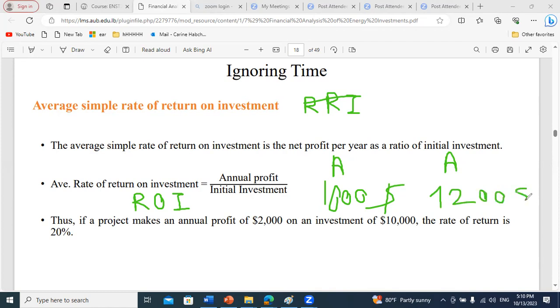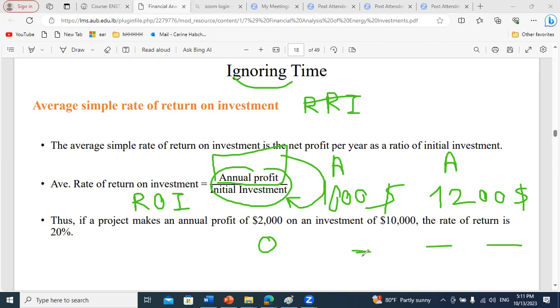This will indicate what? Yes, this will indicate inflation. So the value of your money is changing with time. So to buy the same object, you will need more money after a certain period of time. So when I take time into consideration, I cannot use the following formula, because the value of my annual profit should be brought back to zero, because the initial investment I put at year zero, while the annual profit I am calculating for each year.